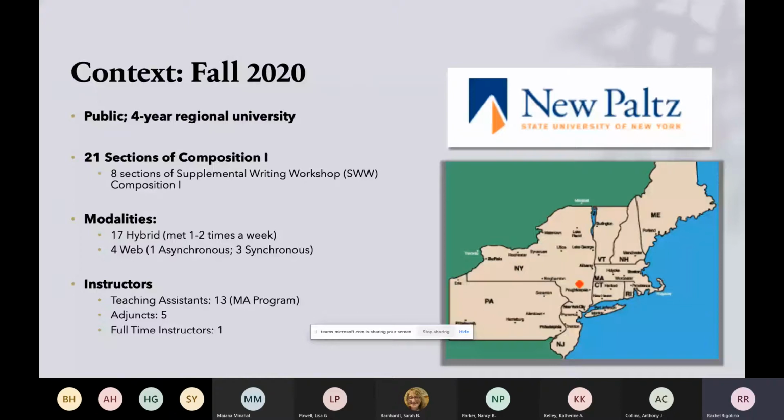We pull a lot of students from the New York City metropolitan area and Long Island up to SUNY New Paltz. In our composition program, we have 21 sections of composition, and back in the fall of 2020, when this started, 8 of those sections were developmental.